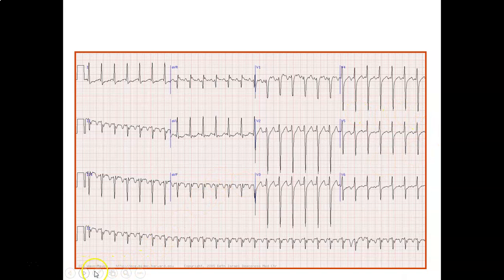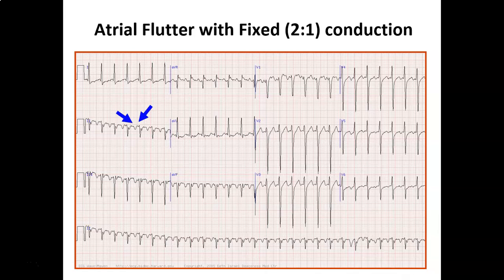Look at this example at the bottom of this strip. This is your rhythm strip here, and heart rate is close to 150. So in your emergency department or in your ward, if you get a heart rate close to 150, one of your differential diagnoses must always include atrial flutter with 2-into-1 conduction. Like here, if you see, it's a fast 150 heart rate, it's regular.